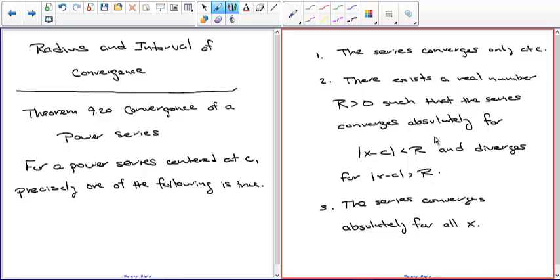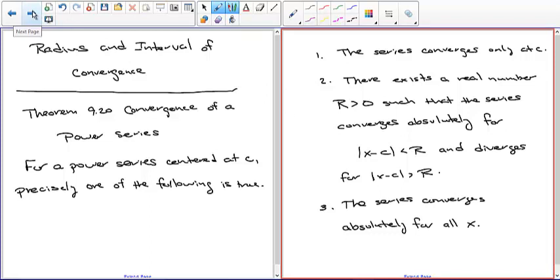Now, one thing you may not have noticed is that it says it converges absolutely up to r, and it diverges greater than r. So the question is, what happens at r? A lot of times we have to use one of the other tests besides the ratio test to answer the endpoint questions.